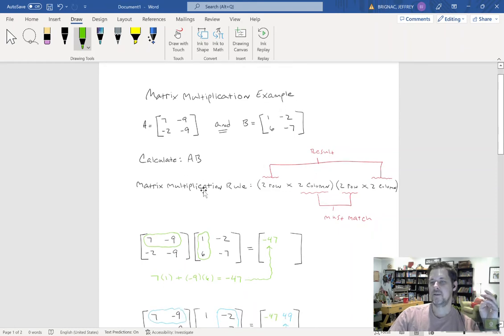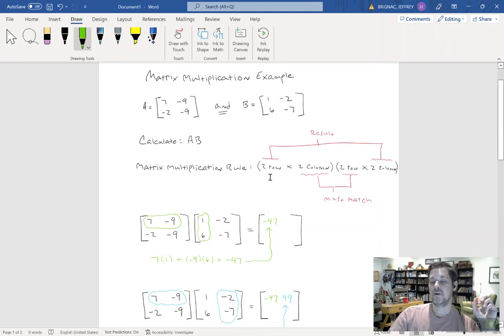Now, before I do that, there's a quick rule. It's not always possible to multiply two matrices together. They have to fit together the right way. Here's how you know. Matrix A is a 2-row, 2-column matrix, so it's 2 by 2, and matrix B is also 2-row, 2-column.